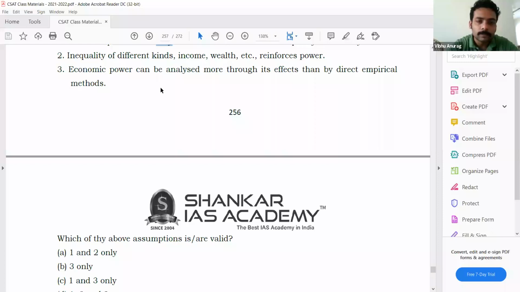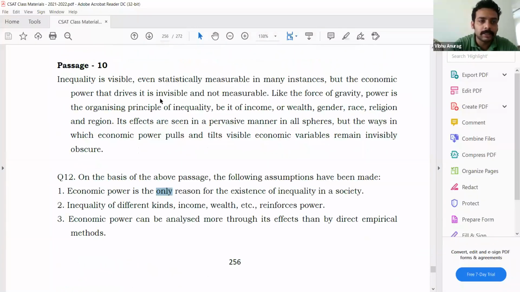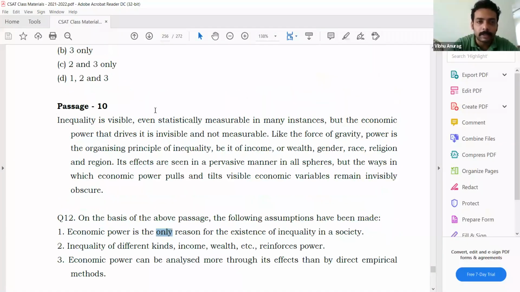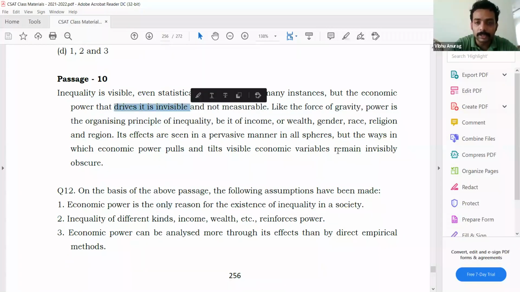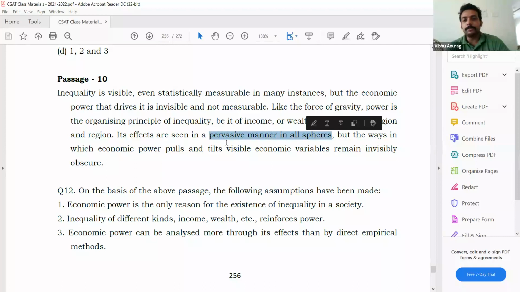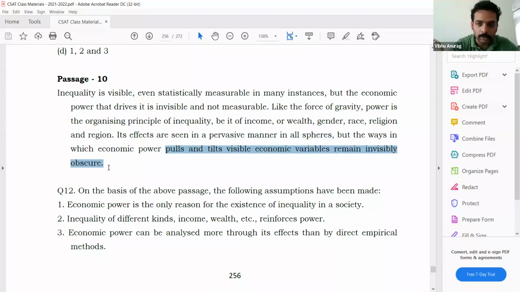So, yes, because he says that inequality is visible, but the economic power is invisible. So, you can't see it. You can only see its impact, because over here, its effects are seen, but the ways in which it works remain obscure. So, obscure means invisible.